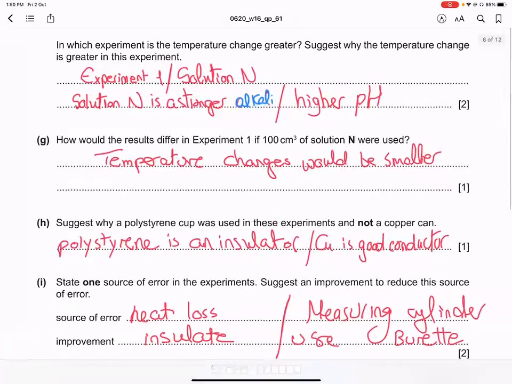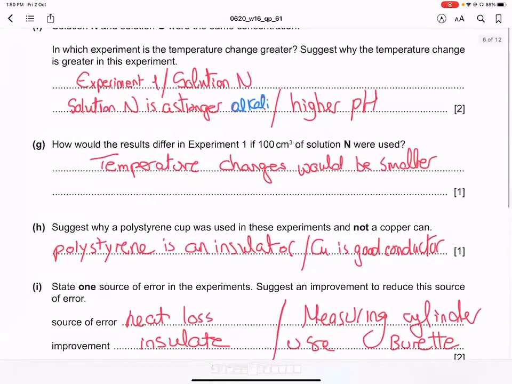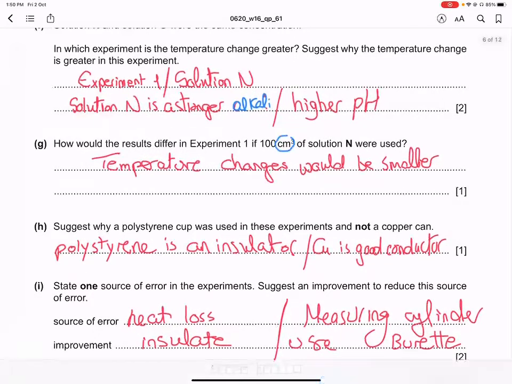G, how would the results differ in experiment 1 if 100 centimeter cube of solution N was used? Take care, he didn't increase the concentration or the strength of the alkali, he just increased the volume. Since we're measuring temperature change, take care. When you increase the volume, temperature changes decrease.